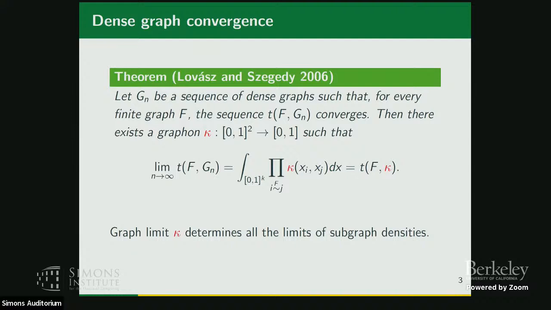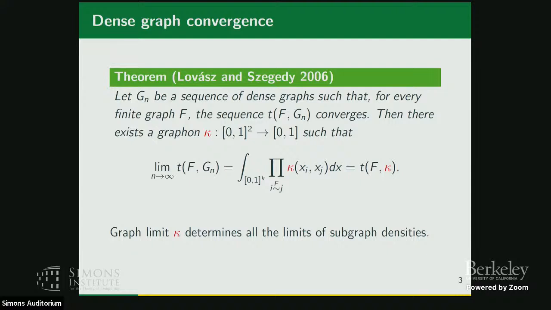If all these sequences have limits, then you say that the sequence of dense graphs converges. The limiting object can be characterized by a graphon, a function from the unit square to [0, 1], so that all the limiting quantities can be determined by this graphon.